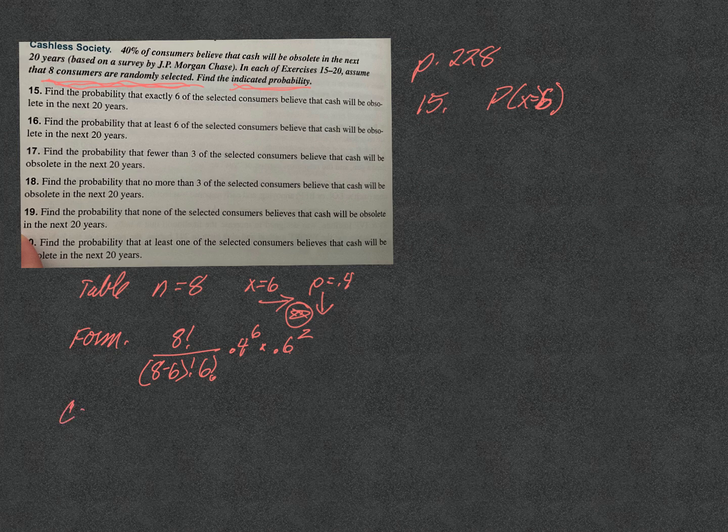Or we can just use the calculator, which would be binomial PDF, where n was 8, the probability of success was 0.4, and the number of successes was 6.